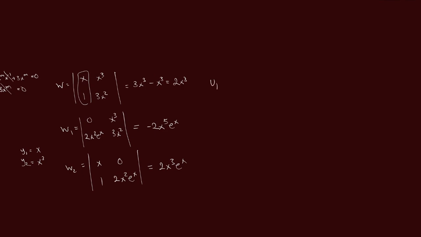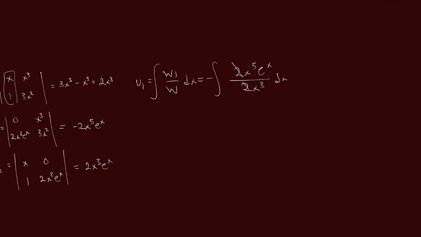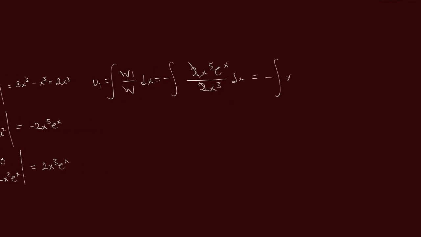Now let's find u1, which will be the integral of w1 over w, dx, which is the integral of minus 2x to the 5 e to the x all over 2x cubed. This cancels out. We can take the negative out here, and this gives us minus the integral of x squared e to the x.